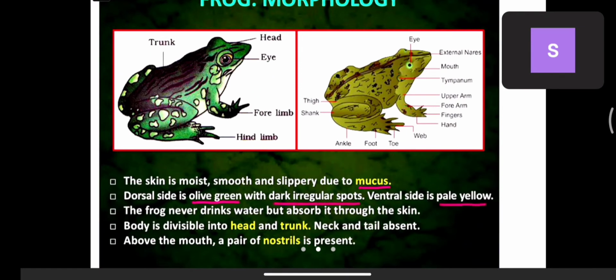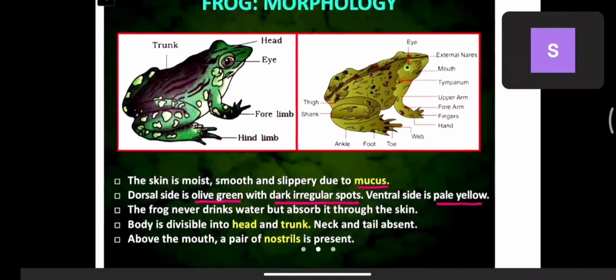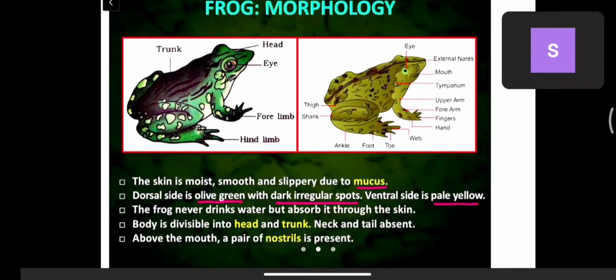The ventral side, on the stomach region, is pale yellow. Frog never drinks water, but absorbs it through the skin. It absorbs the required water through the porous skin itself.